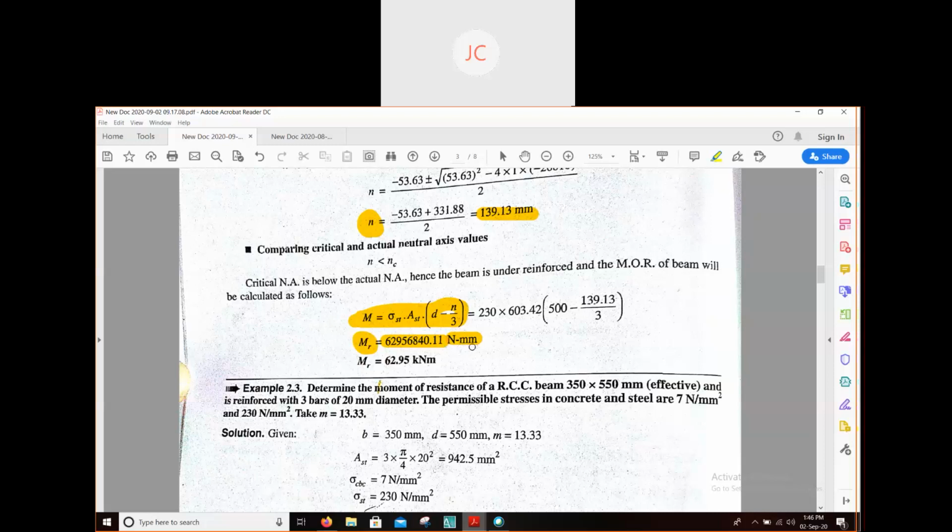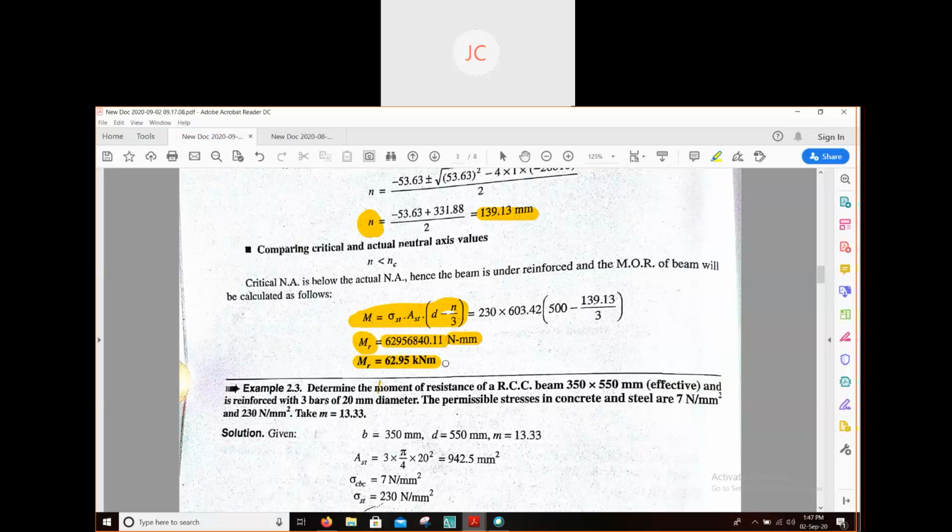If you divide by 10 to the power 6, the decimal shifts 6 places to the left: 1 2 3 4 5 6, so 62.95. This is your moment of resistance.